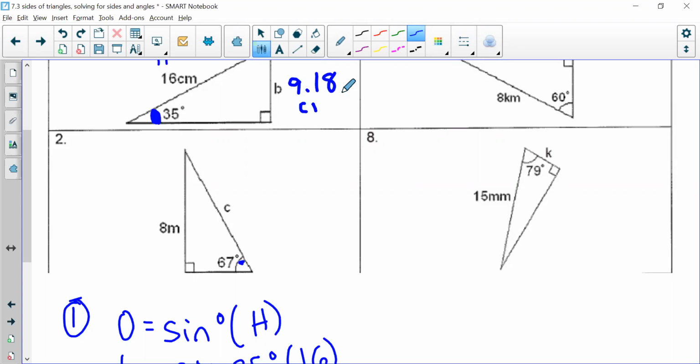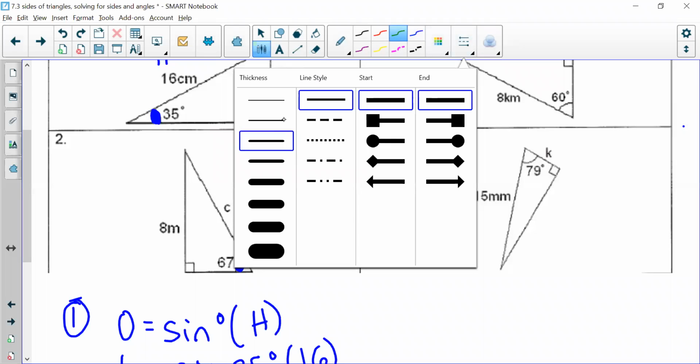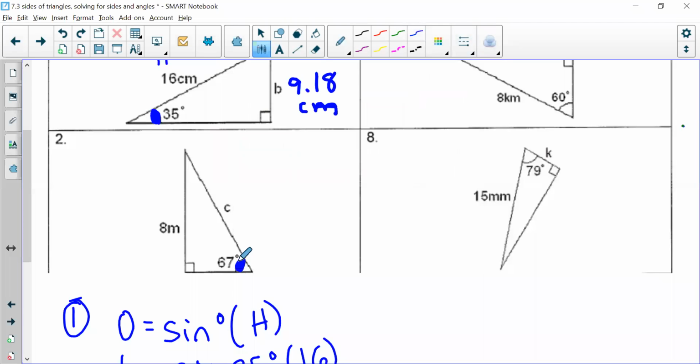Okay. Take a look at number 2. I'm looking at the 67-degree angle here. So let's label O, A, and H first. Who wants to label O, A, and H for number 2? H is where the 15 is.